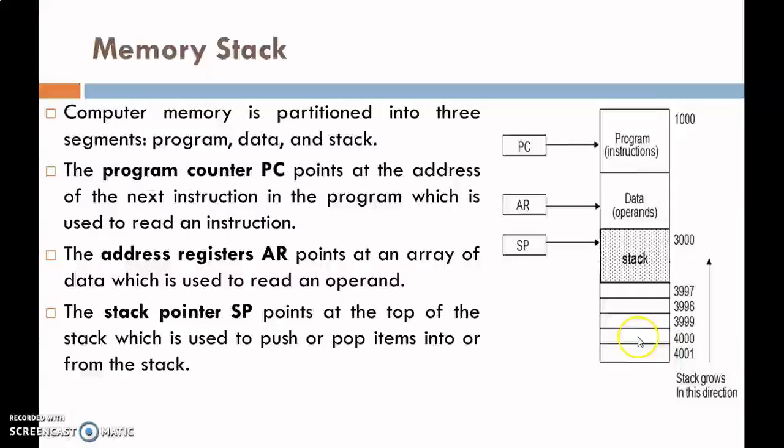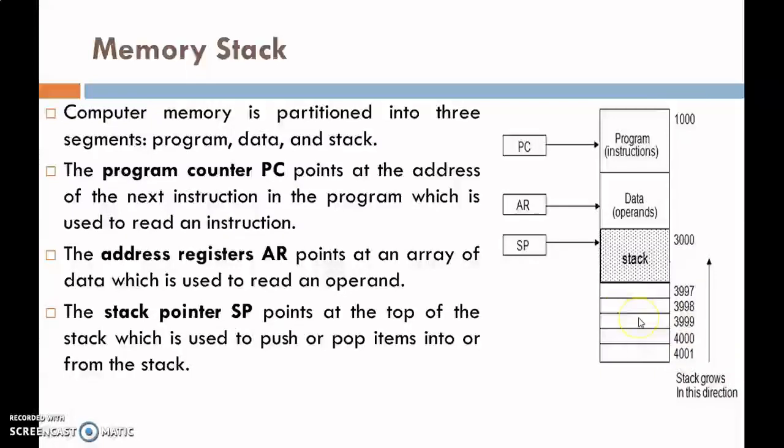Now we are at address 4000, and at this place we can store the data. After storing the data, suppose I have another value. Again I have to decrement the stack pointer to reach address 3999, and at this location my data is stored.